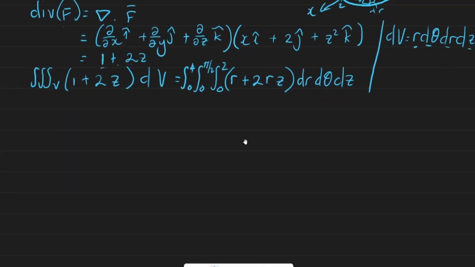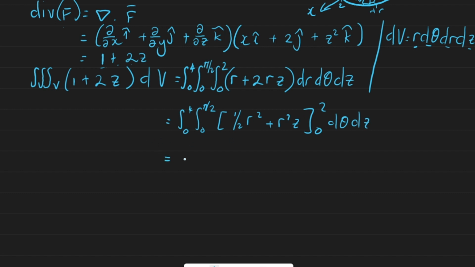So if we integrate this, this is a straightforward integral. So we get 0 to 4, that's the boundary of z, 0 to pi over 2, that's theta, and then integrating r, we're left with half r squared plus r squared z, integrated from 0 to 2, d theta dz.